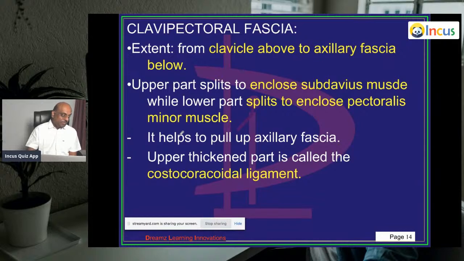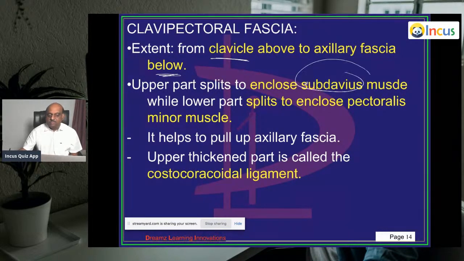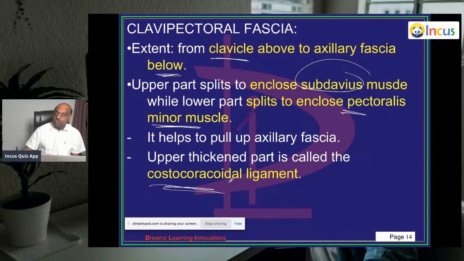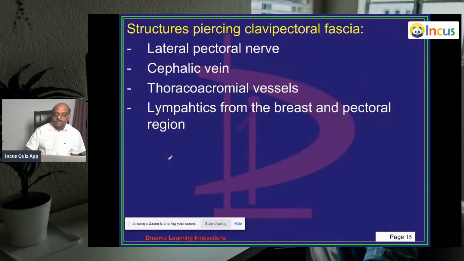So clavipectoral fascia extends from clavicle above to axillary fascia below. It encloses subclavius muscle, and the lower part of it will split to enclose pectoralis minor. It also helps to pull the axillary fascia, and the upper thickened part of it forms costocoracoid ligament.